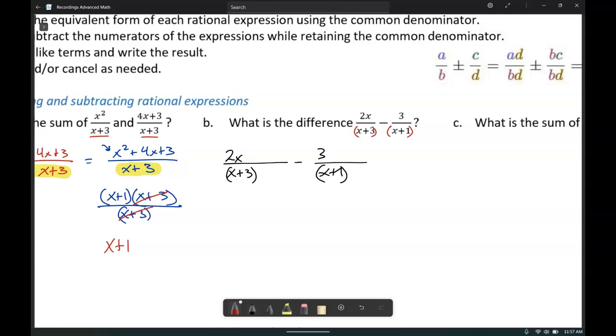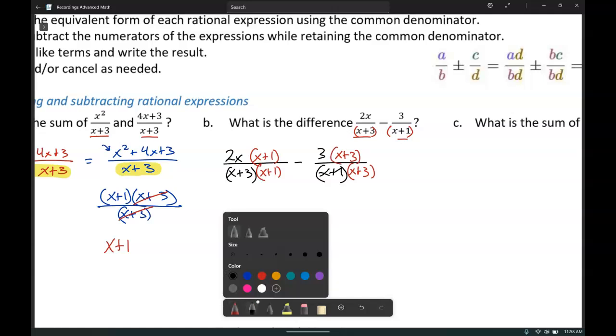I added some large spaces in here for us to maneuver, but our common denominator is going to be the product of these two denominators, x plus 3 and x plus 1. Now the fraction on the left did not have the x plus 1, so whatever I multiply on the bottom, I need to multiply on the top. And on the right, we were missing x plus 3, so we'll multiply that on the top.